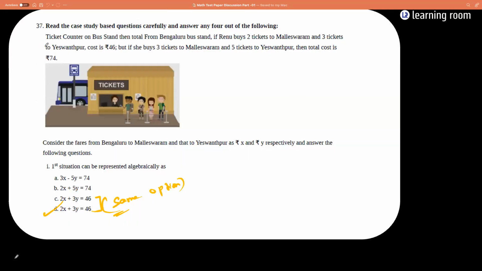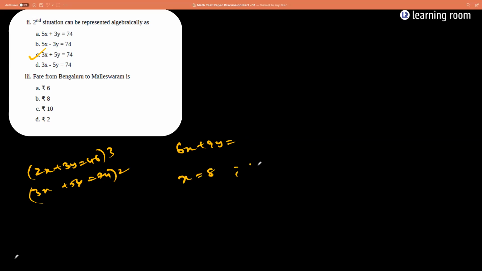So now you have two equations: 2x plus 3y is equal to 46 and 3x plus 5y is equal to 74. When you solve these two equations, what are you getting? You can use the elimination method. So x is equal to 8 and y is equal to 10.